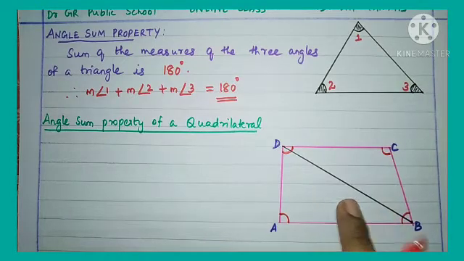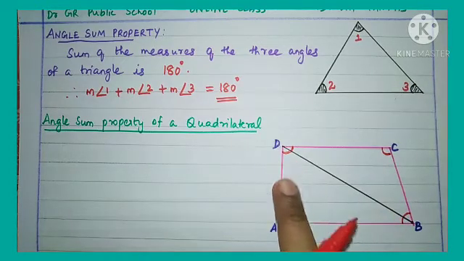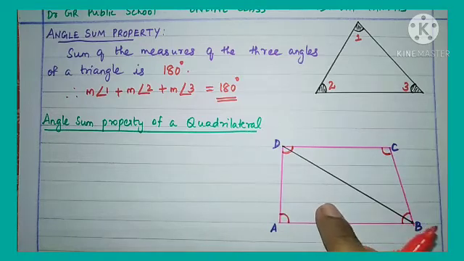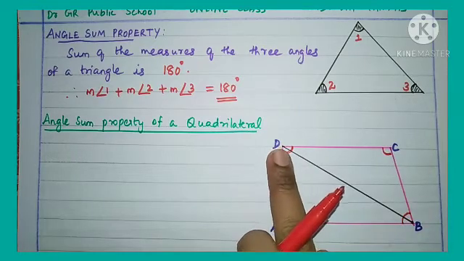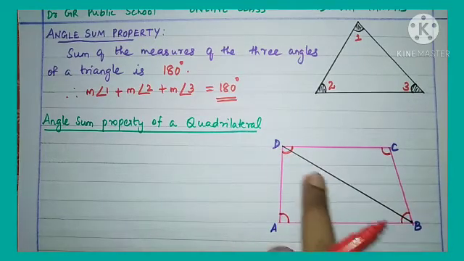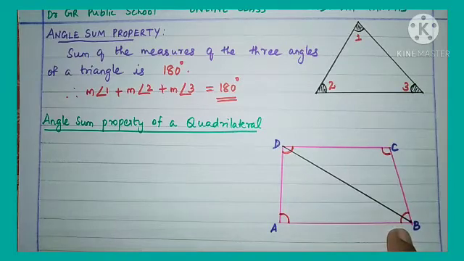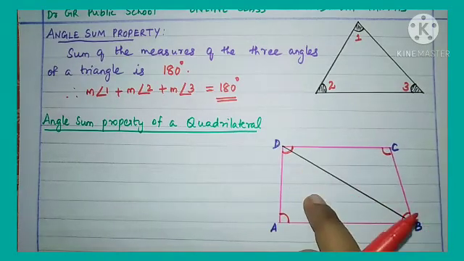Now, to find the total angle measure of this quadrilateral, what is done here? This diagonal BD is joined.